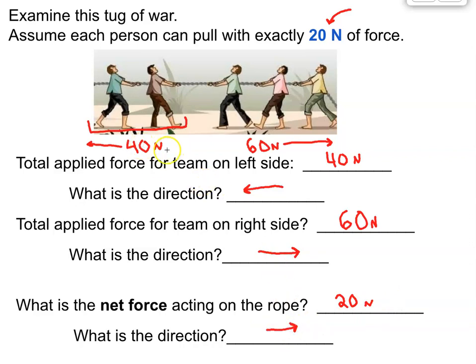So the 40 newtons of force going to the left cancel out 40 newtons of force going to the right, and we are left with a net force of 20 newtons towards the right.